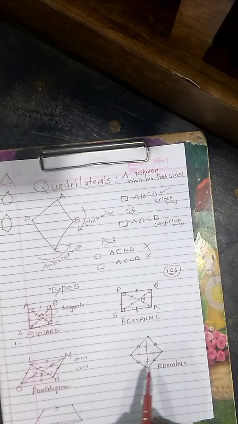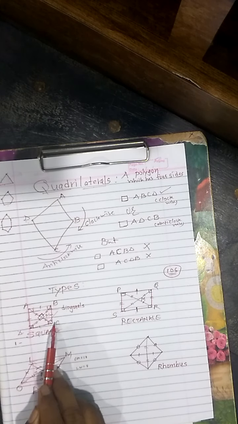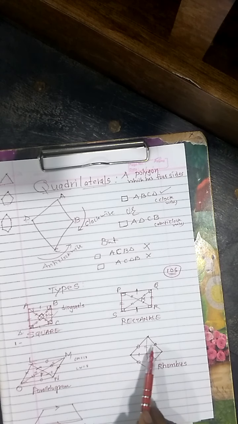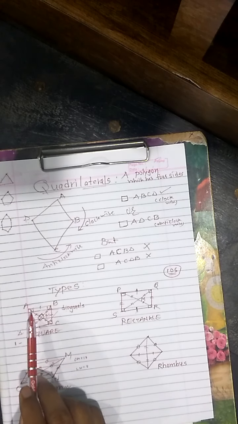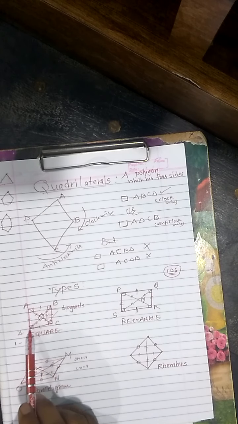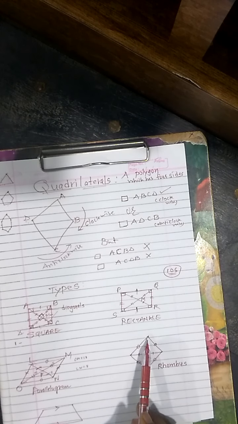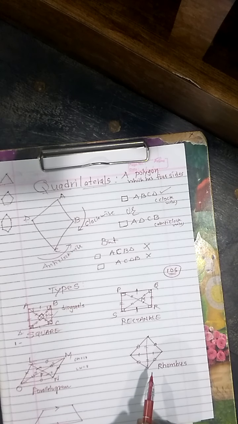You see, in a square all the sides are equal, in a rhombus also all the sides are equal. The difference is what? In a square all the angles are right angles, but in a rhombus all the angles are not right angles.